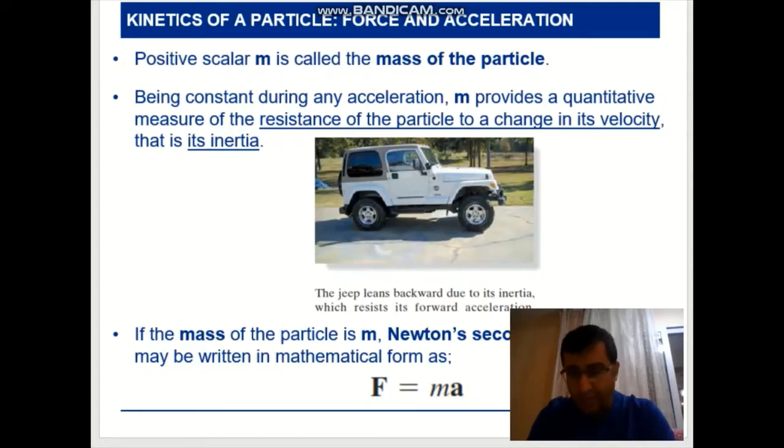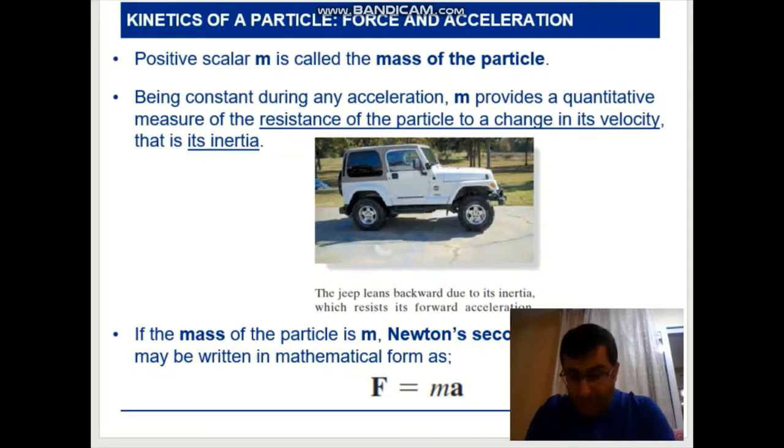It doesn't change with time or any other unit or quantity. Being constant during any acceleration, m provides inertia, as I just stated before, which is the resistance to the change of the particle's velocity.